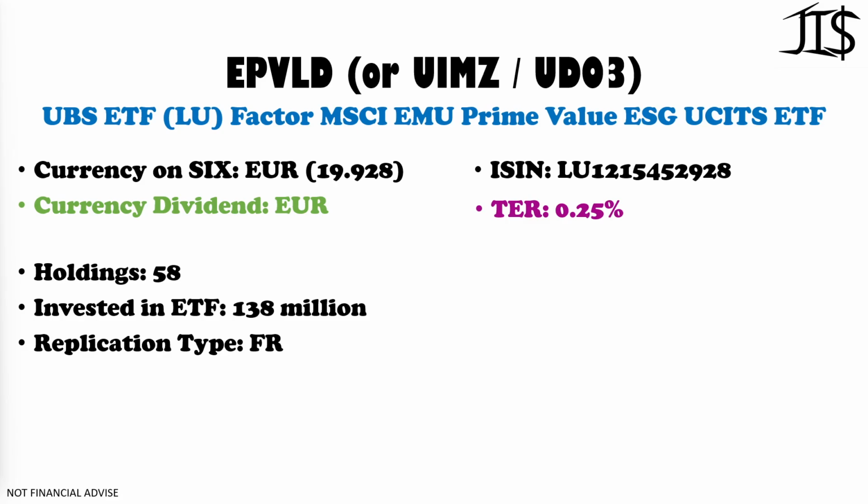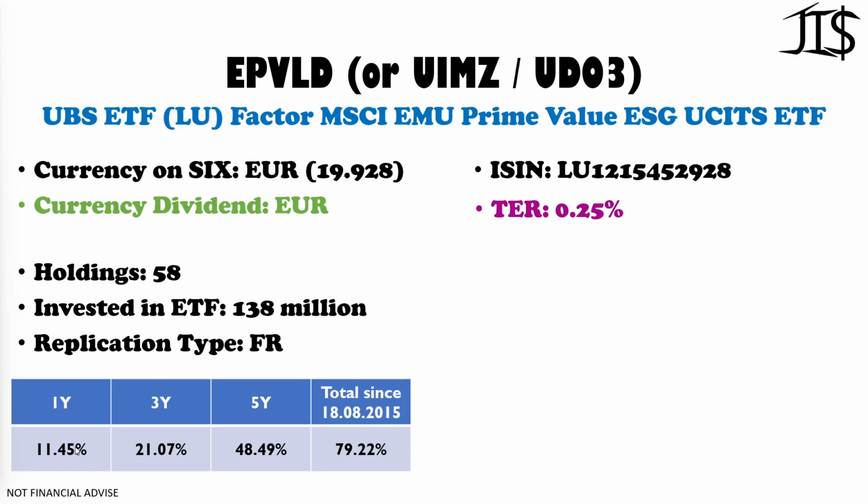It's a fully replicated type, and it's up 11.45% in the past year and almost up 50% in the past 5 years. So not performing that great as the iShares ETF. That's important. Although the total expense ratio is better here, still the iShares one looks more promising.